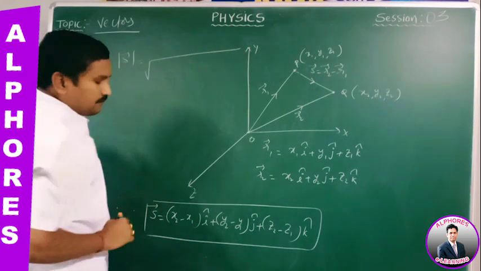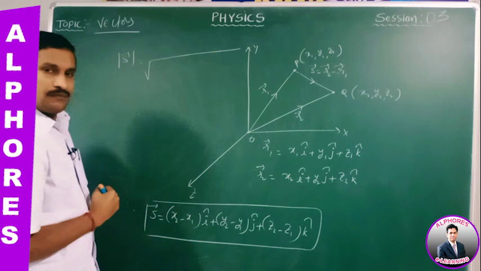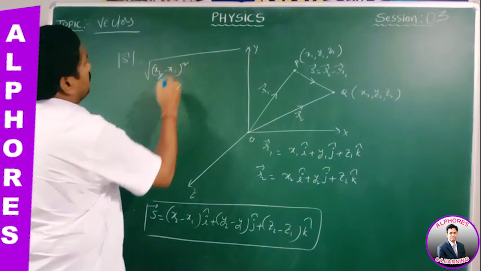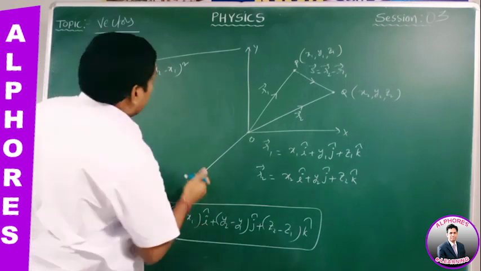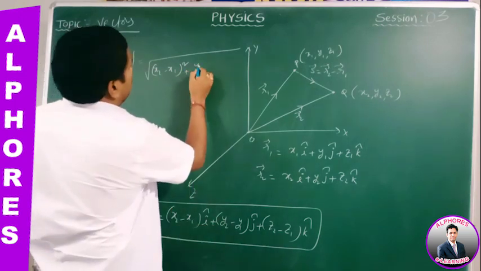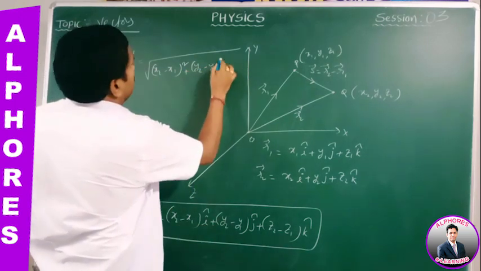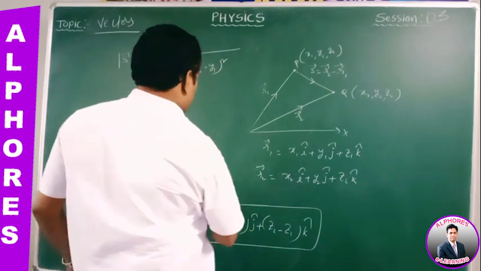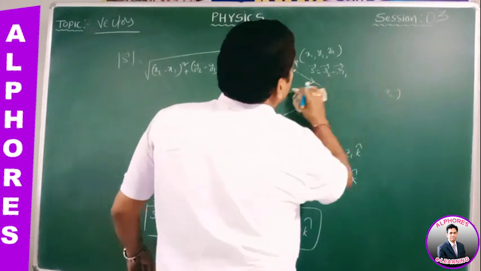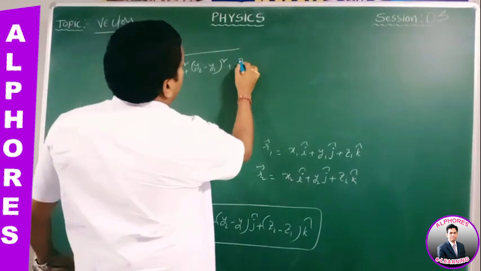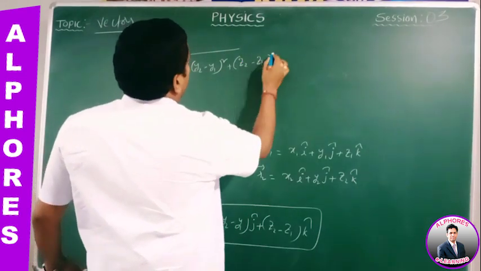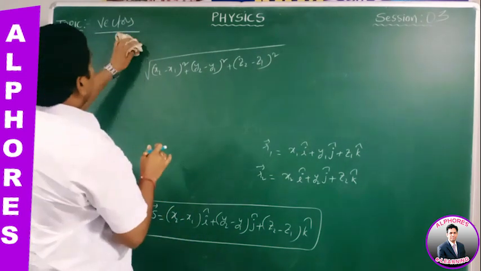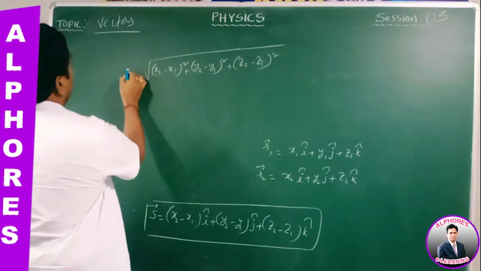Root over the i coefficient squared, that is x2 minus x1 whole squared, plus the j coefficient squared, y2 minus y1 whole squared, plus z2 minus z1 whole squared. This is the magnitude of the displacement vector, which gives the distance.